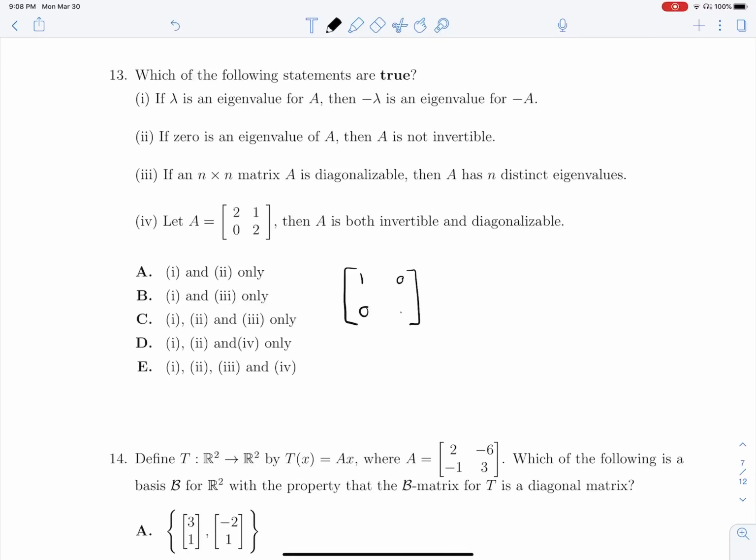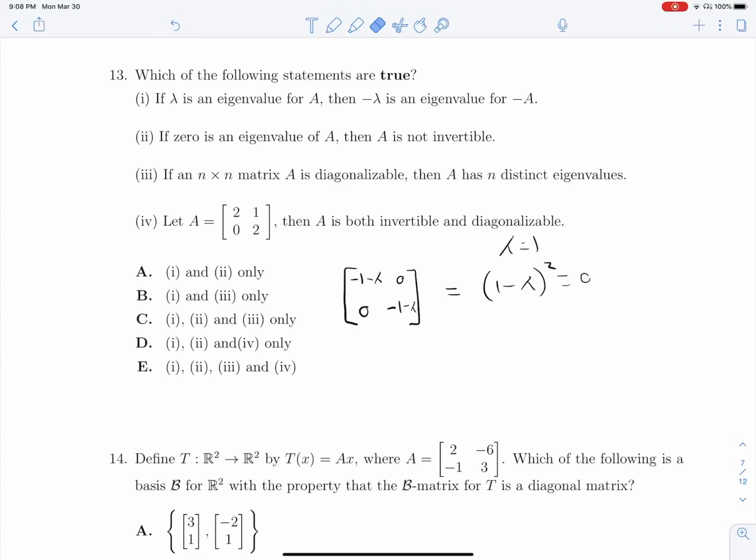Let's just use the identity matrix here and find its eigenvalues. Its eigenvalues are going to be 1 minus lambda squared is equal to 0, or lambda equals 1 with a multiplicity of 2. But we'll see that if we take the negative identity matrix, remember that won't flip the sign on lambda because we're adding negative lambda I into the A after we've already inverted it.